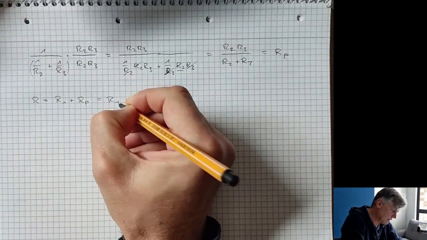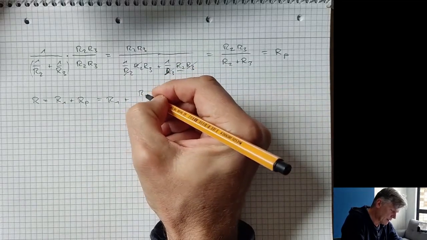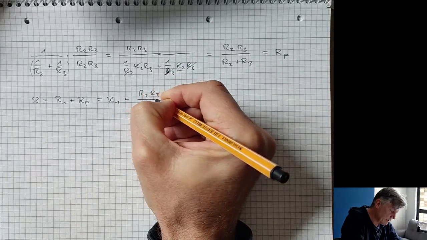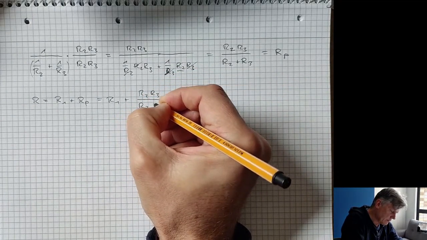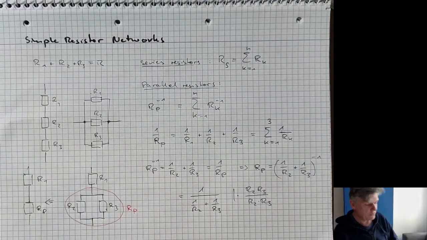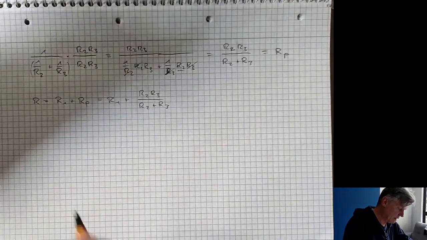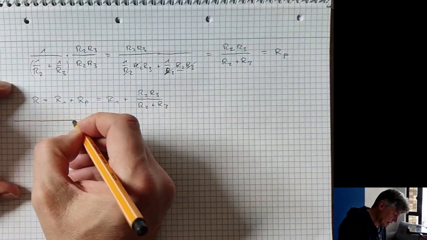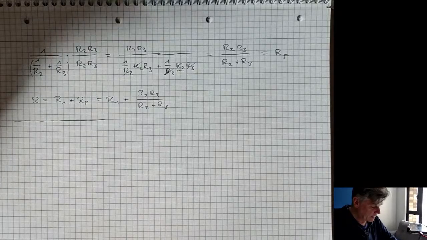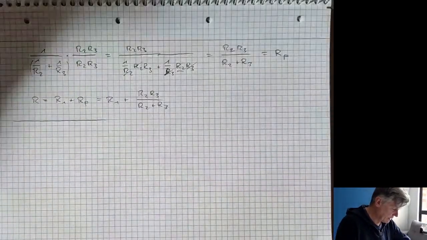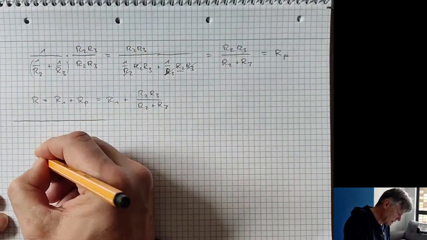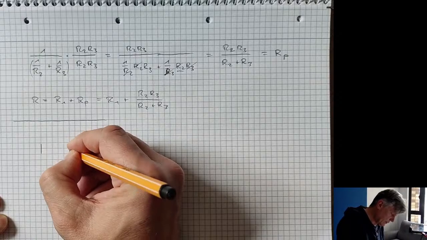That would be R1 plus R2 R3 divided by R2 plus R3. This is an example of how you do it. So if you have a different configuration, let's say this was example 1. Let's make another example, and in this case we have this configuration of resistors.